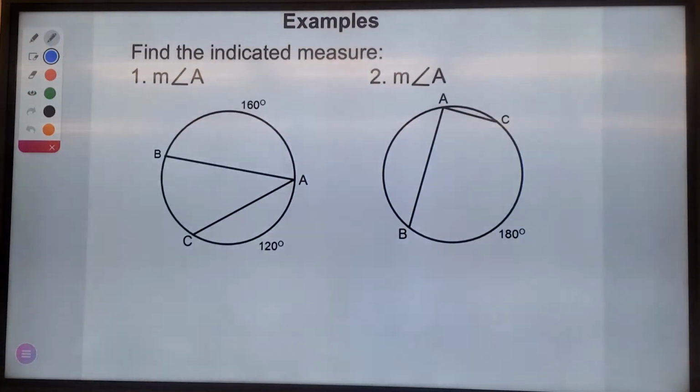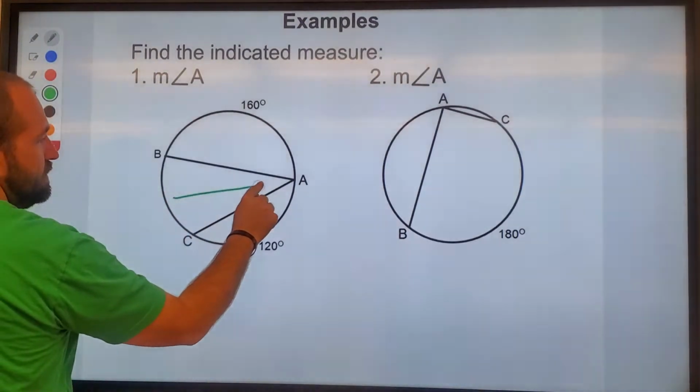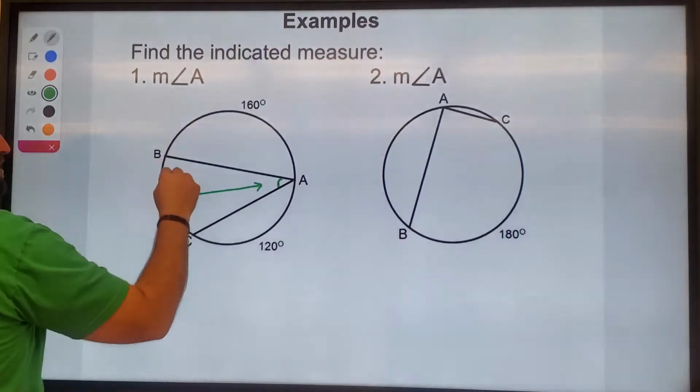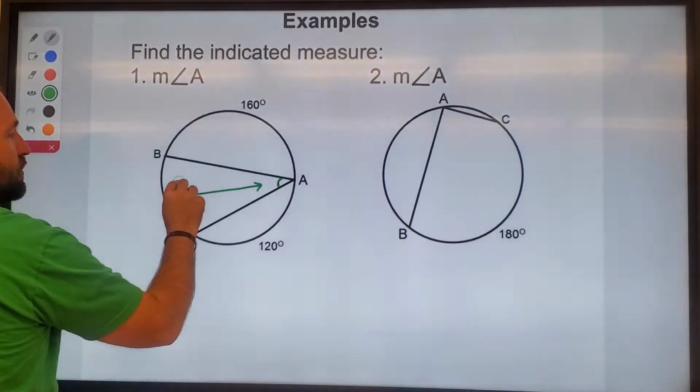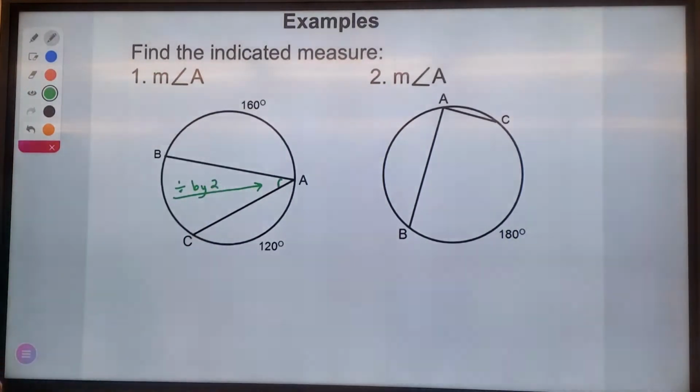So for example, number one here, this is not direct, right? In order to find angle A, I need to actually have arc BC. So I want to go from here and I want to go in to find this angle, which means, as I said a couple slides ago, you're going to have to divide by 2.